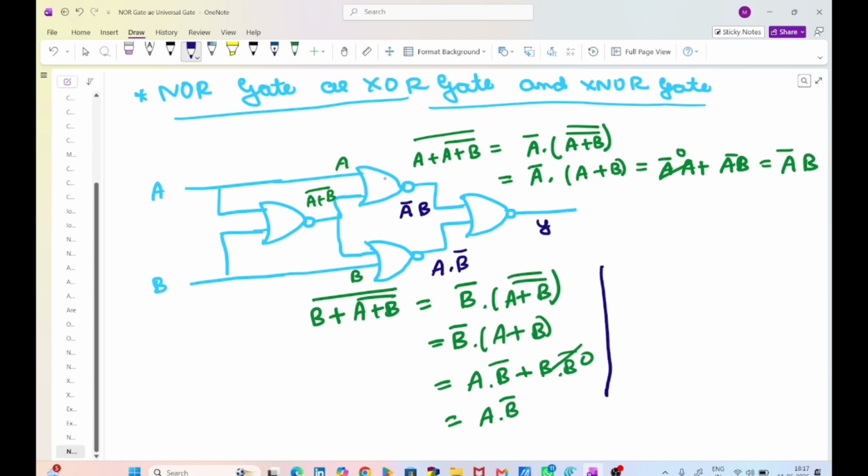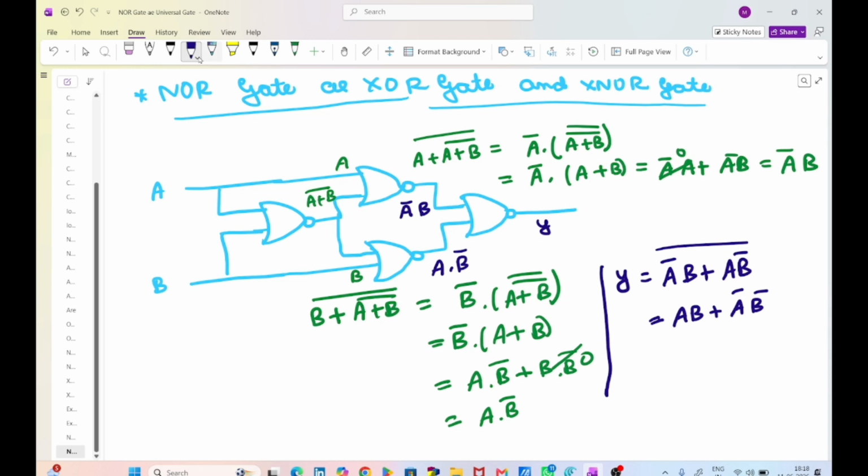Let us write a line like this. Y is equal to A bar B plus A B bar whole bar. This one is the output of the XOR gate. If we take the complement, it will become the XNOR gate.